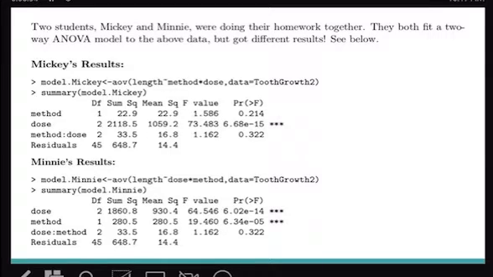Now, in a situation where you compare the sum of square method for Mickey and the sum of square method for Minnie, the two of them are not the same.